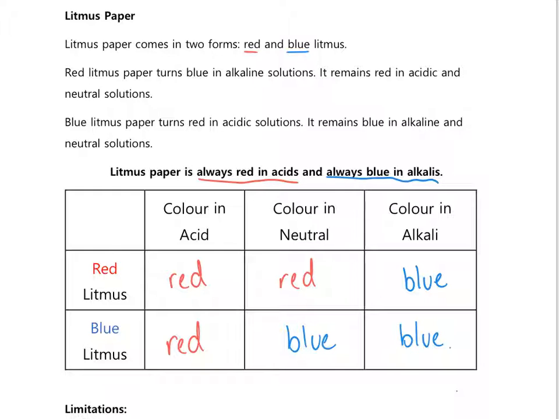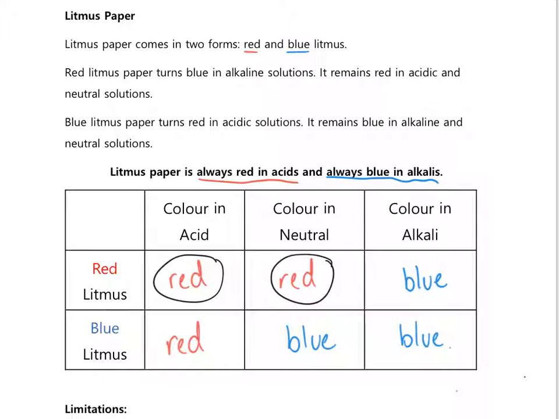But litmus paper has a bit of a disadvantage in that it doesn't tell us how strong or how weak an acid or an alkali is. It just tells us whether something is an acid or an alkali. Also, if you took red litmus paper and your solution left it red, you couldn't tell whether your solution was acidic or neutral.